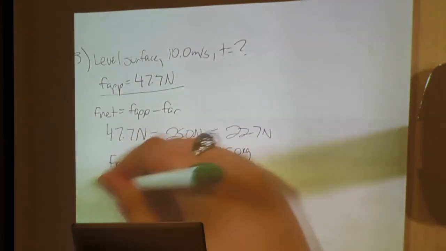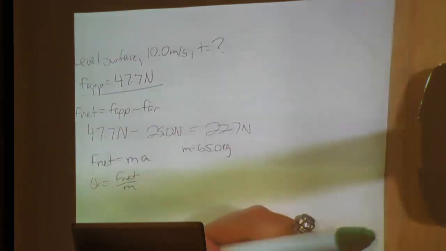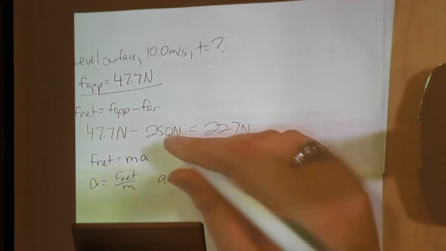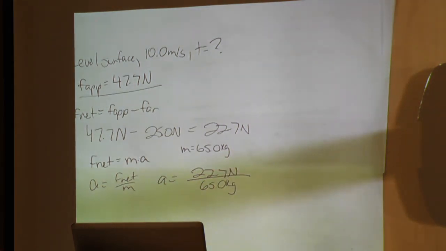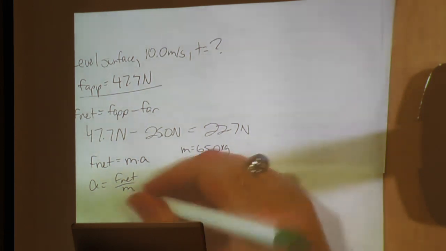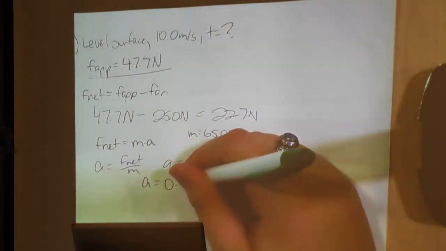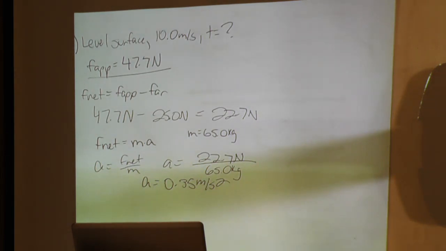So A is going to be equal to F net over M. A equals 22.7 newtons over the mass of 65.0 kilograms. Should get an acceleration of about 0.35 meters per second squared. Is that what everybody else got? Yeah, cool.